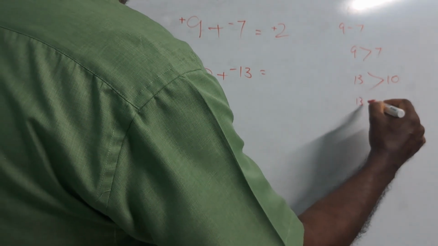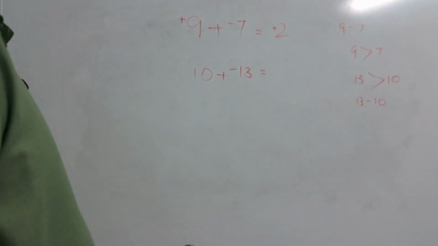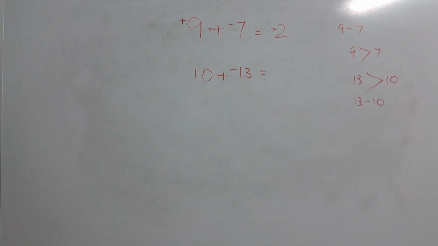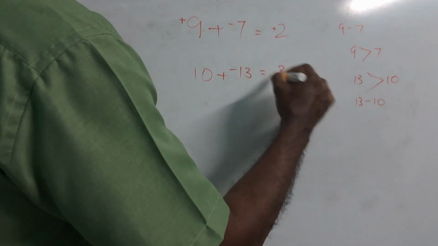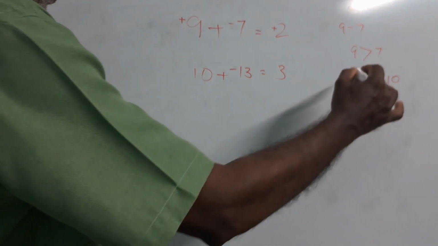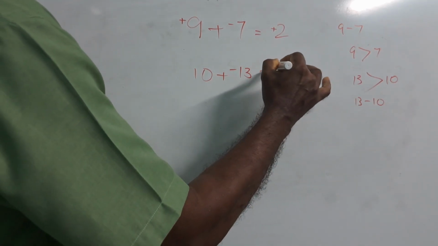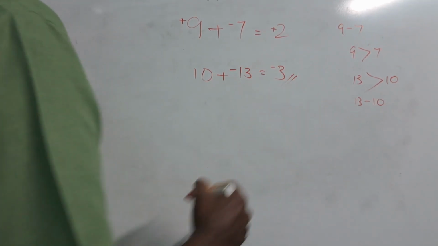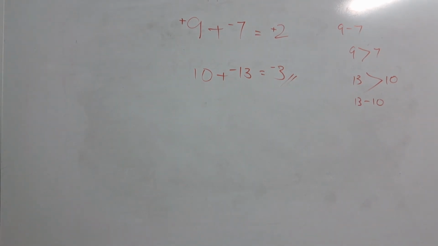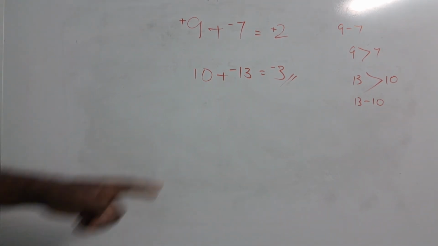Now subtract 13 minus 10 because the numbers have different signs. It is 3. The larger number 13 carries a negative sign. Therefore, the answer is negative 3. 10 plus negative 13 is negative 3.